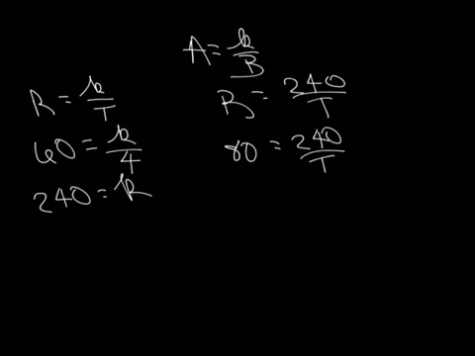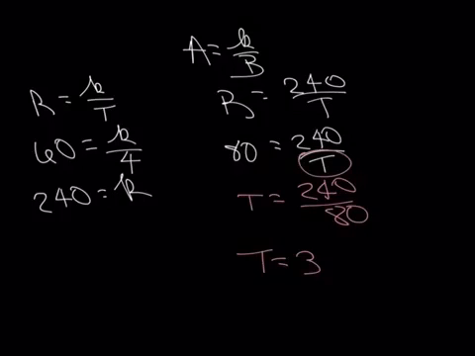If you're looking for the number down here, if this is your variable, switch places with these two. And you have t equals 240 over 80, which is going to be 3. So it's just a lot easier.